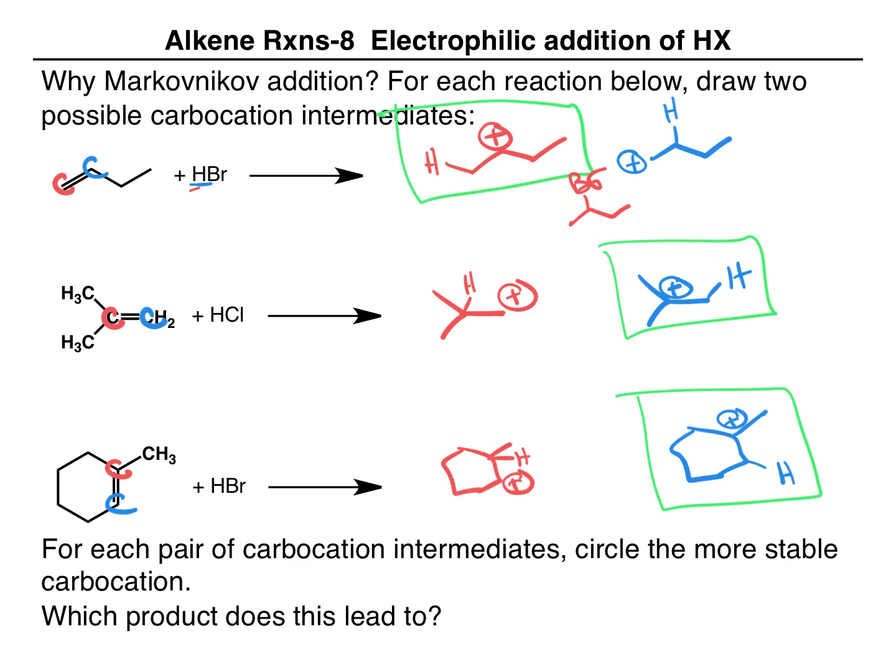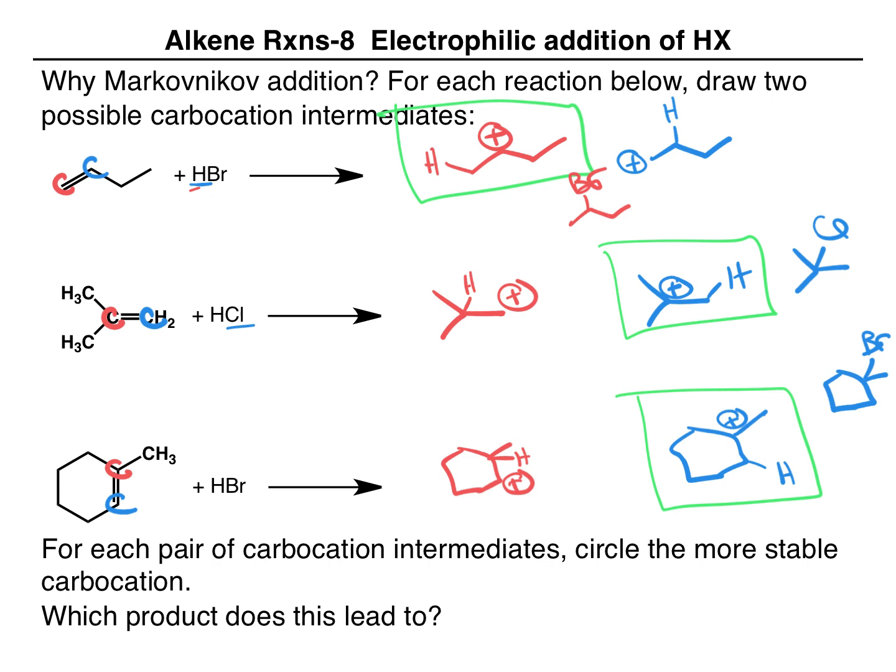In our second example, if chlorine adds to the blue carbocation, we get this product, and that's what was observed experimentally. In our third example, if Br minus adds to the blue carbocation, that would give us this, and that is also the observed product.